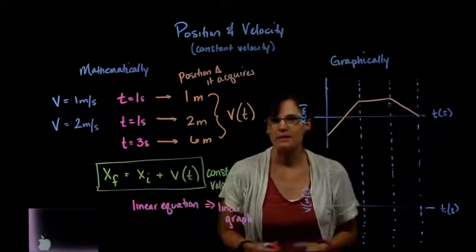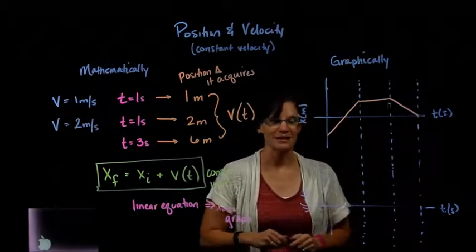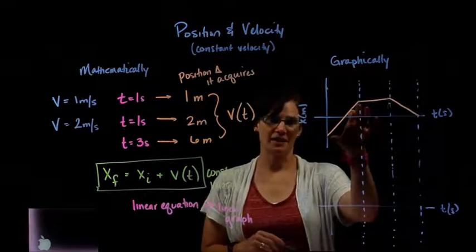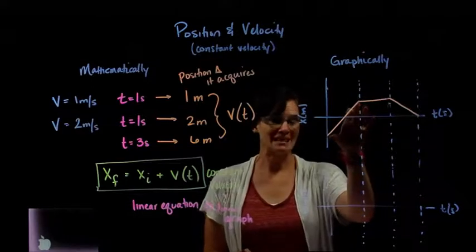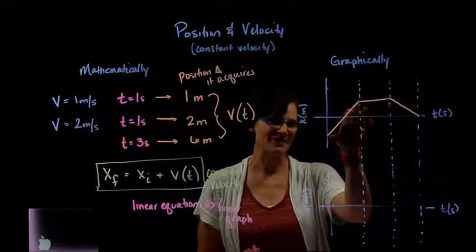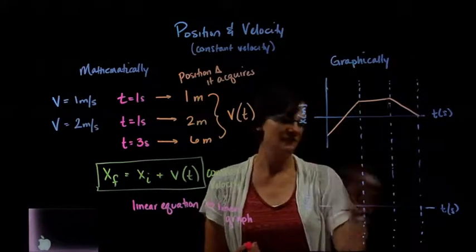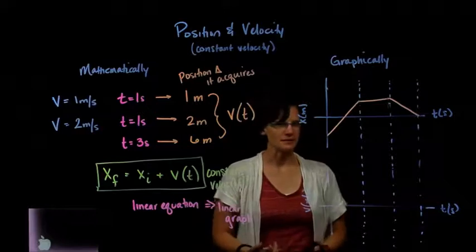We said that means it was moving at a constant rate. So let's just look at this first part, moving at a constant rate. How can we relate this position versus time graph into something that's going to represent this object's velocity versus time? Well, we need to think about what that velocity means.